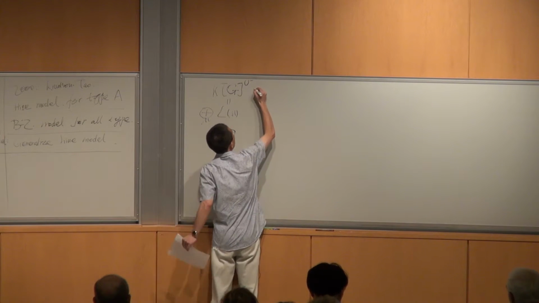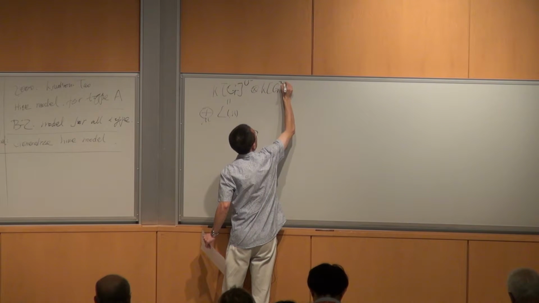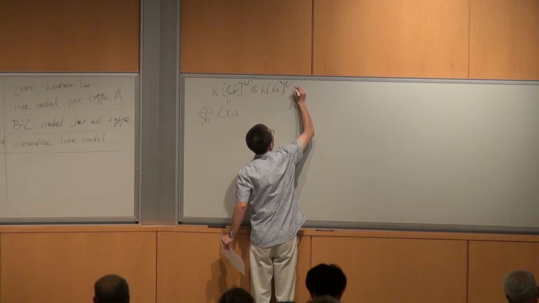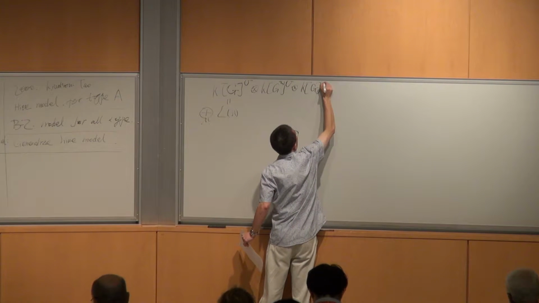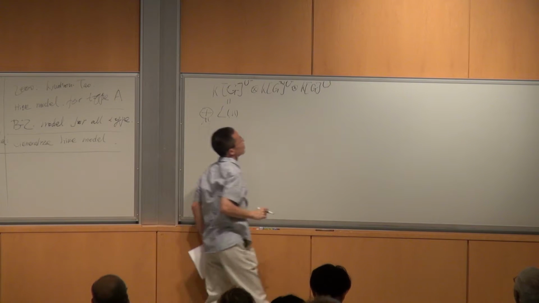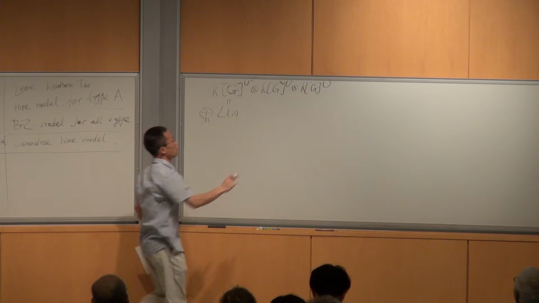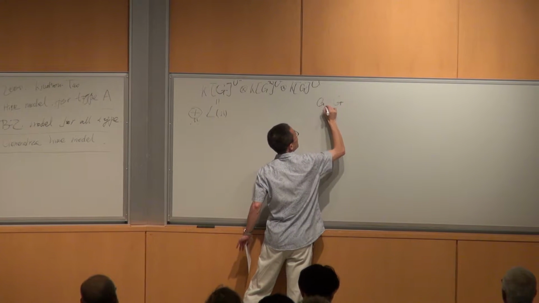So now I can tensor that one with another copy, and then I'm going to take invariants, which gives a dual. So we have G, but we have an action of G on two sides.